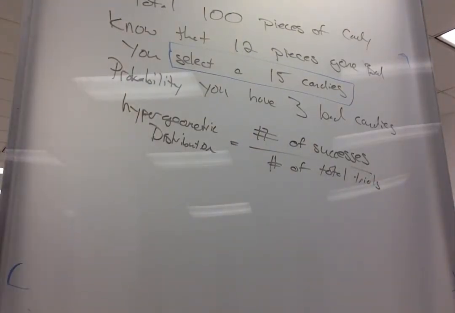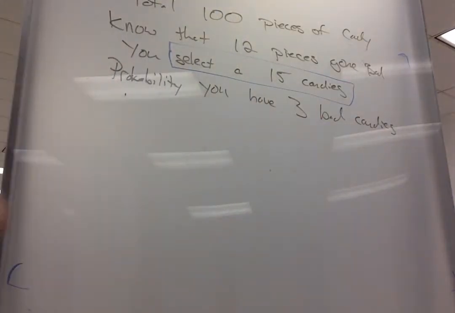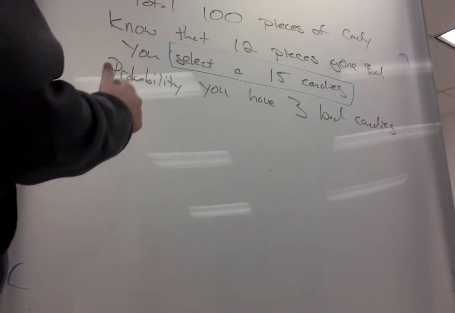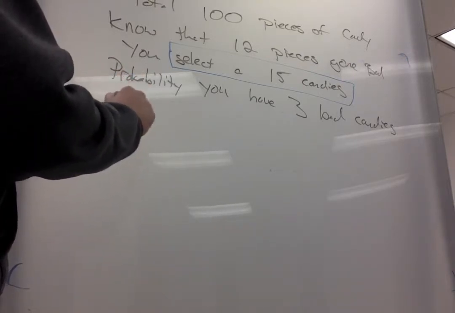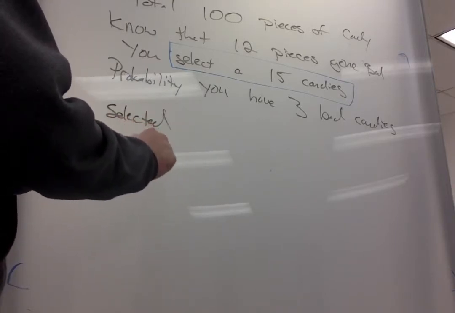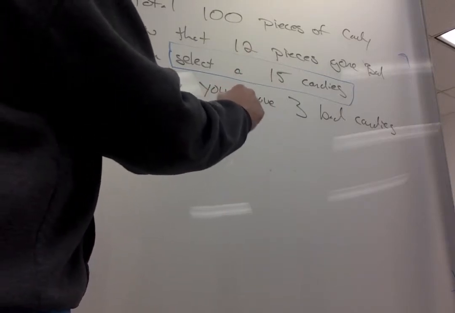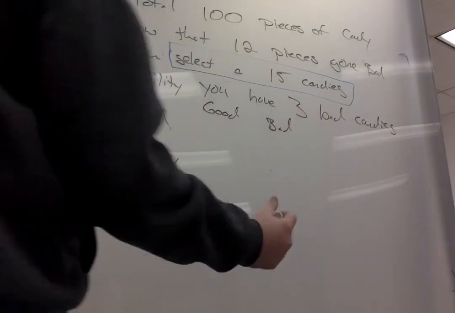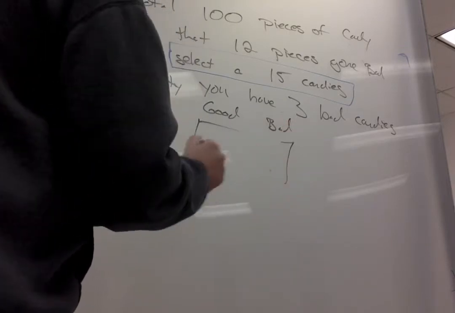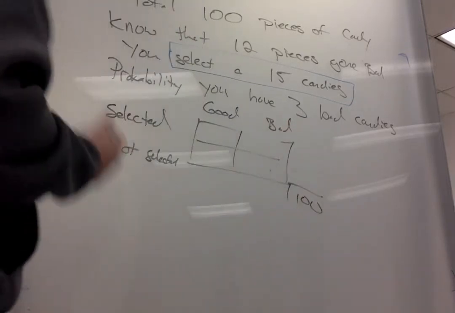So again, keeping the same problem up, now what we want to do is build ourselves a table. We have two variables here. We have candies that were selected in your handful and candies that were not selected. And then we have candies that are good and candies that are bad. Now we know, making a little box here just to organize our thoughts, we know there's 100 total candies.